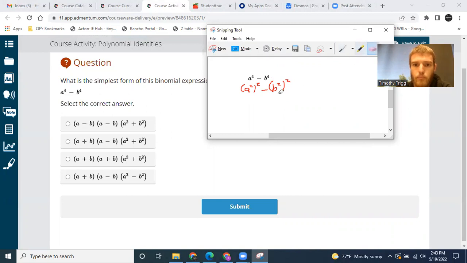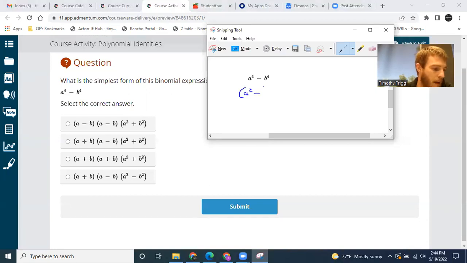What you would do when you want to factor this thing is actually pretty interesting. You want to take the square root of this first term. So the square root of this is actually a squared. So that's a squared. And you do minus, you could put the plus first or the minus first.